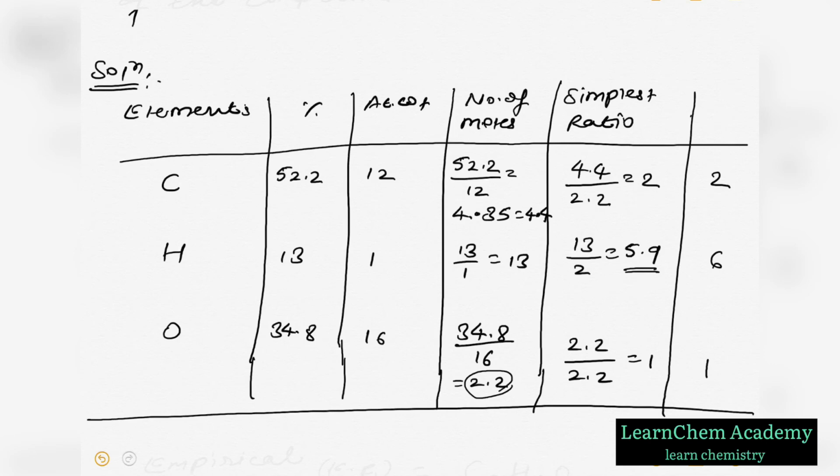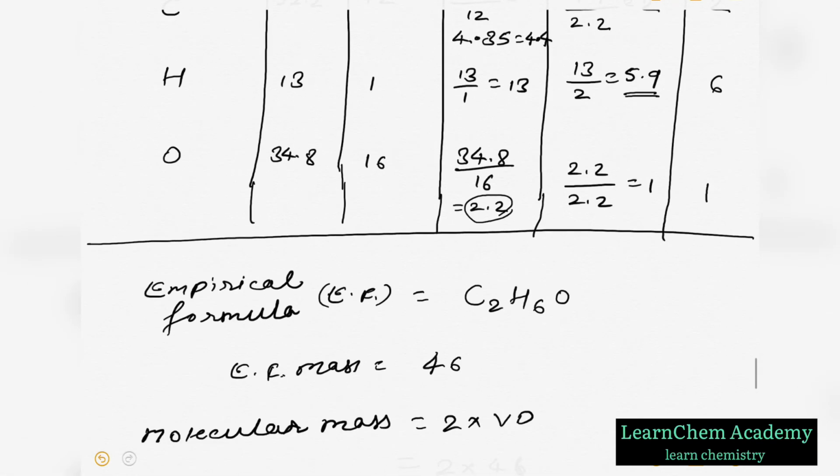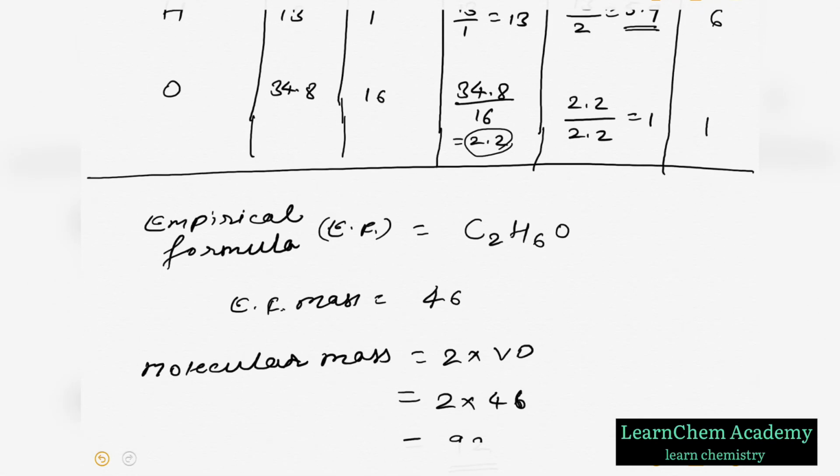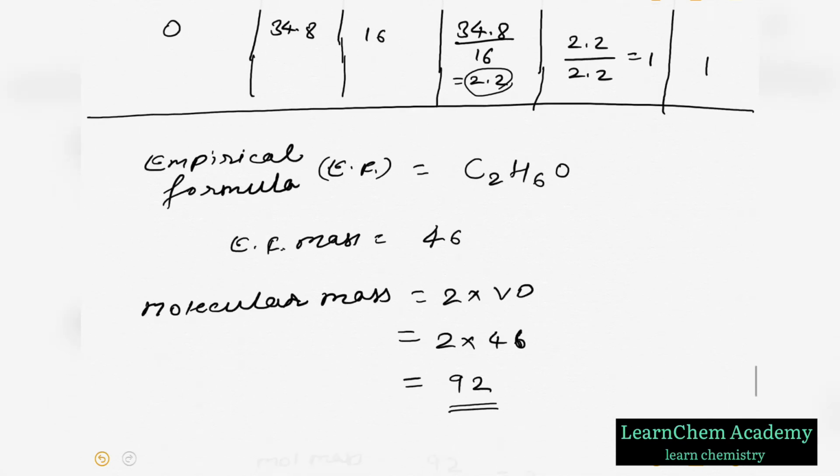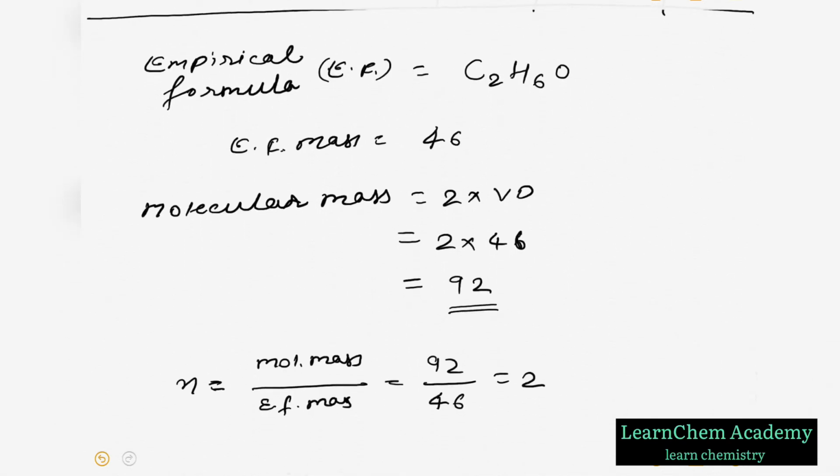Then make it a perfect integer, and then we can get the empirical formula. Then we can calculate the empirical formula mass, and then we can get the molecular formula and molecular formula mass.